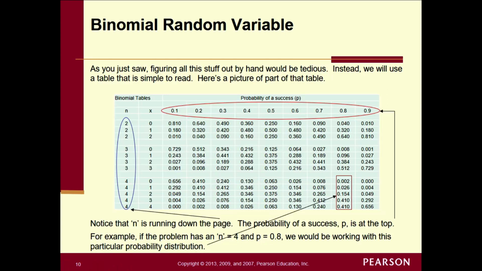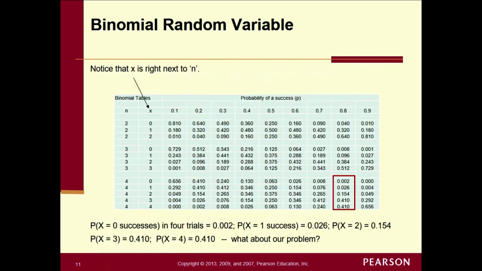So now let's focus on what these probabilities mean. I have them boxed in, with 0.002, 0.026, and so on. Notice that x is right next to n. Let's say that n is equal to 4, so we had 4 trials.